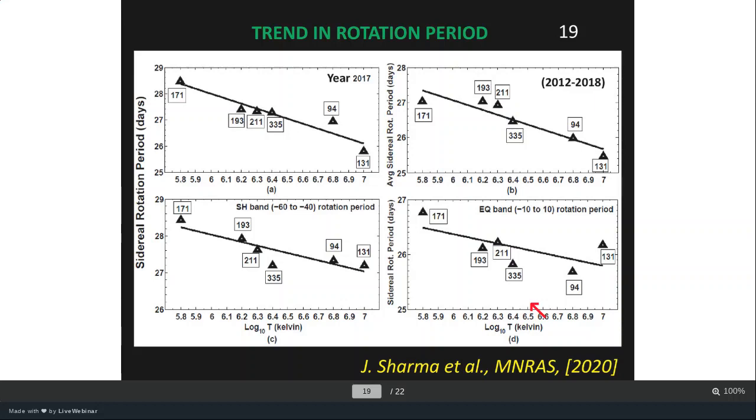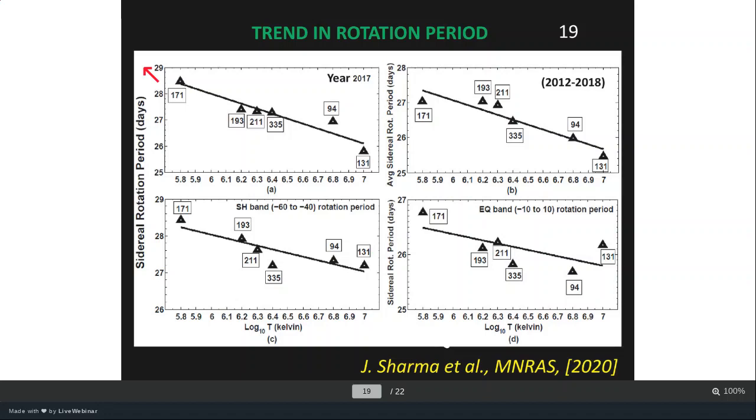These are our main results, which are published in MNRAS. In all the panels from A to D, along the x-axis, the logarithm of temperature is given, and along the vertical axis, the sidereal rotation period is given.